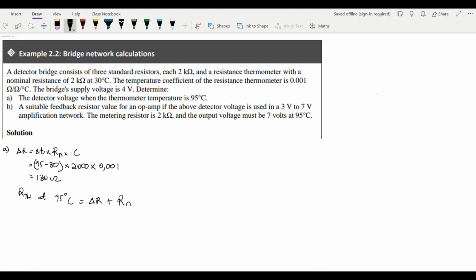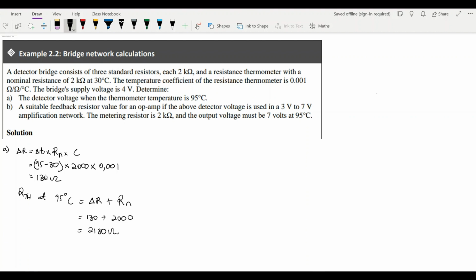Let me write Rn as a subscript for that. So this should be 130 plus the 2000 ohms, indicating the nominal resistance. This should give us 2130 ohms.